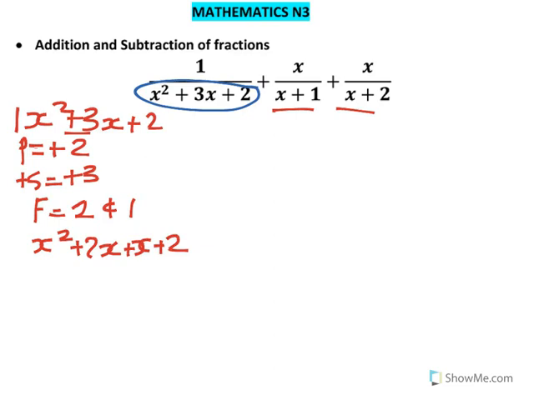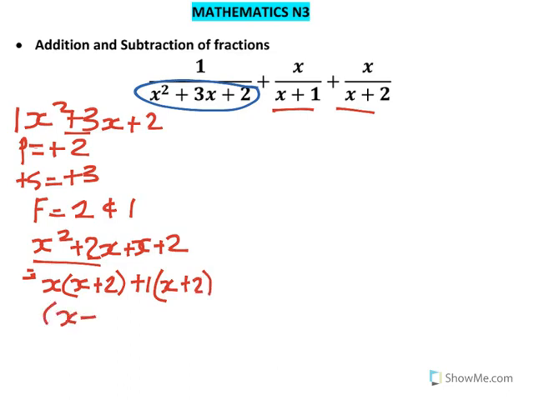When you factorize it, when you look at the first two, what is common in the first two? You will have x, and you have x plus 2, plus, already you have got x plus 2, so you take out a 1, which doesn't change anything, and you will have x plus 2. So you have got x plus 2 as well as x plus 1.